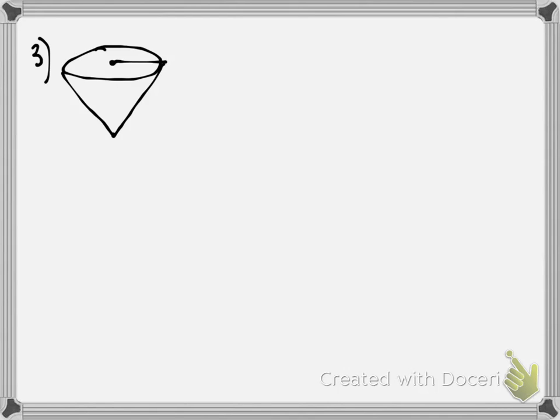If I tell you that this is 4 feet, and then this is 5 feet. Okay. And because we know it's a cone, we now have to shift our formula.